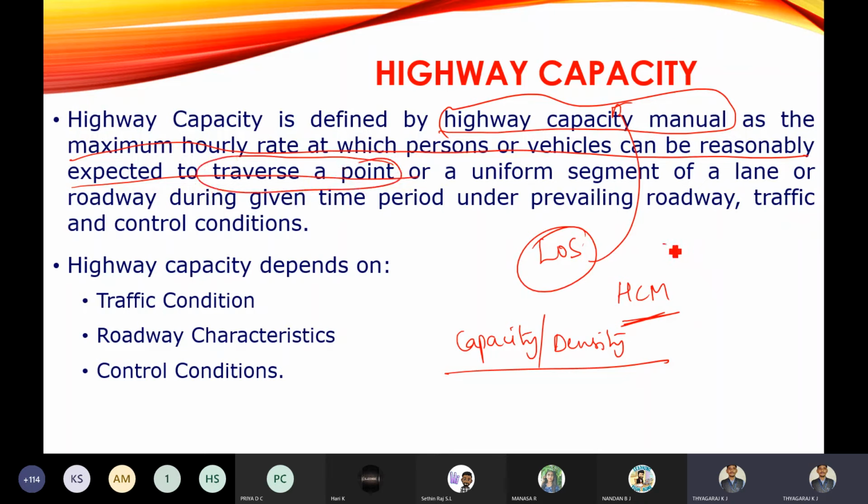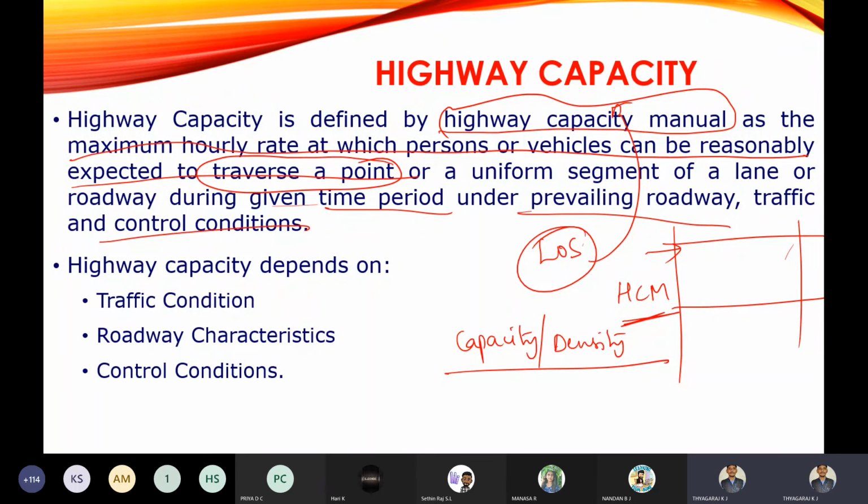For example, when a road is considered, the number of vehicles traversing a point in a given road or a uniform segment of a road during a given time period, under prevailing roadway, traffic and control conditions, we collect as the highway capacity.